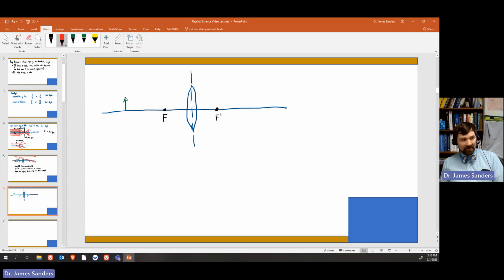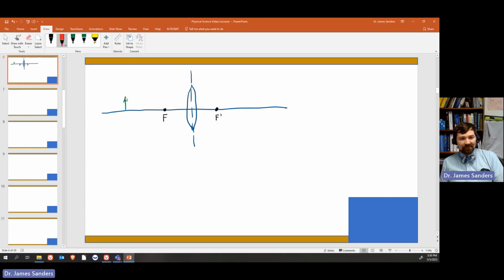Again, my first ray will be parallel to the principal axis, starting from the tip of my object, and it will deflect in such a way that it will go through the focus. My second ray, I'm going to label this as 1.